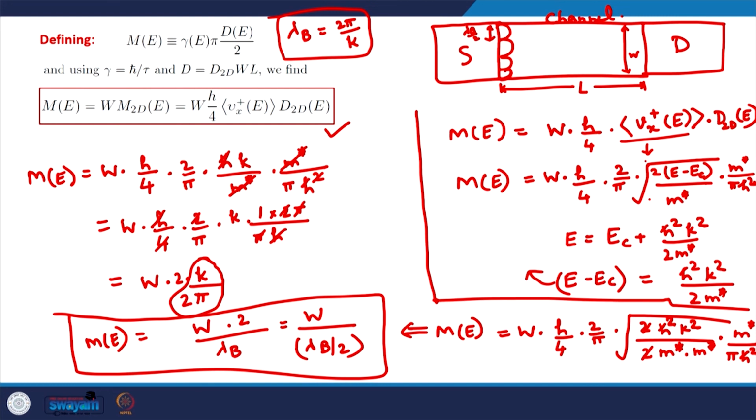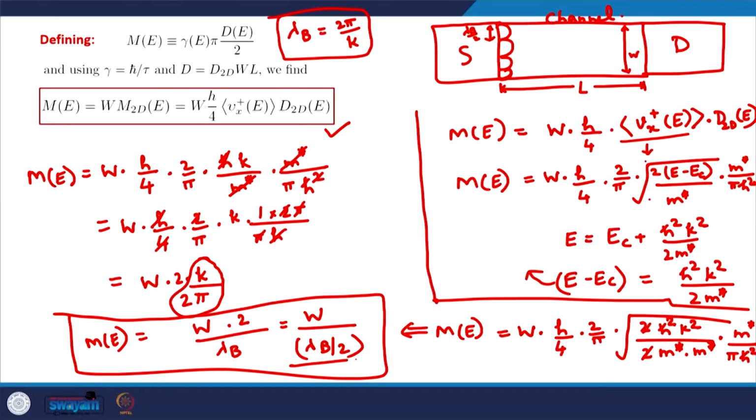So, what it says is that the width of a conduction pathway, or so to say the width of a highway or a lane in the channel, is essentially the de Broglie wavelength divided by 2. And that is why, in order for an electron to travel through the device, it needs at least lambda b by 2 space.